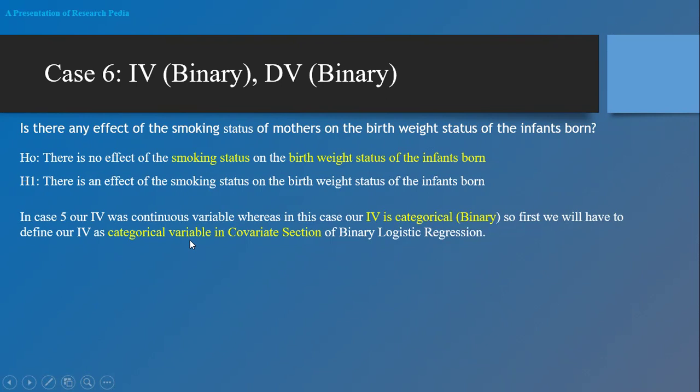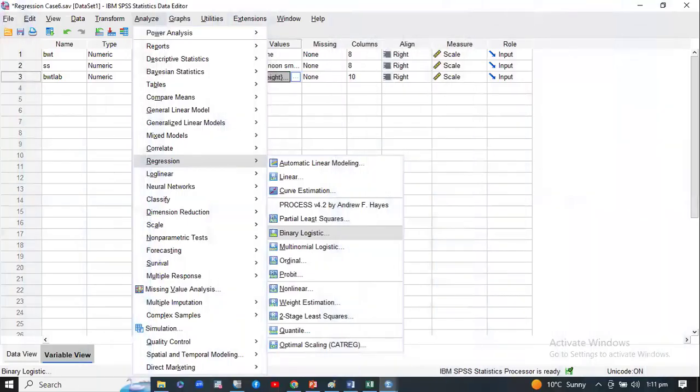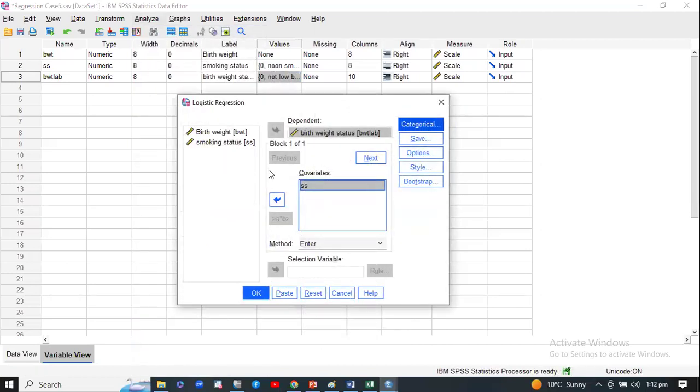So first we will have to define our independent variable as a categorical variable in the covariate section of binary logistic regression. There is a slight change that you need to follow. When you put your dependent variable in the dependent list and your independent variable in the covariate list, you need to define your independent variable as categorical, because this time it is categorical, not continuous.